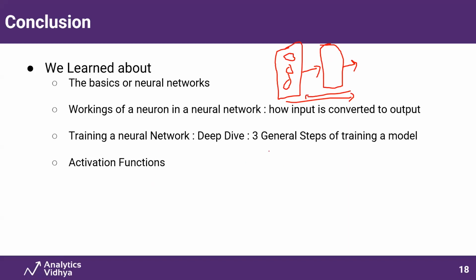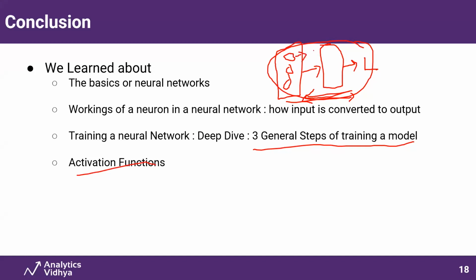Then we knew about the 3 general steps of training a model. We defined the structure of a model, we defined a loss function, and then we defined how to update these weights and biases. What are the optimization functions that we use? And then we learned about activation functions, right? So how do activation functions work, and what are the use cases of activation functions?